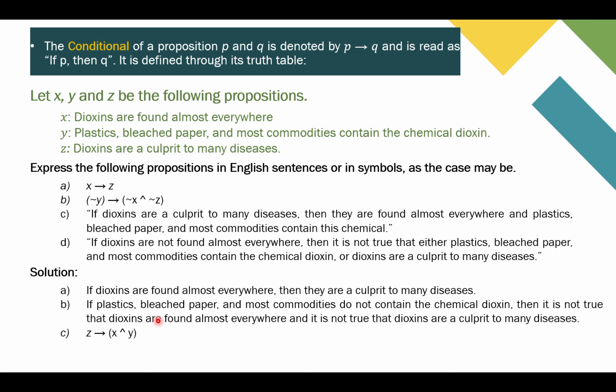And then for letter D, what would that be? That is not X. If not X, then not Y or Z. Okay? So, if dioxins are not found almost everywhere, this one, not found, then it is not true that either plastics, bleach, paper, and most commodities contain the chemical toxin, or dioxins are a culprit to many diseases.